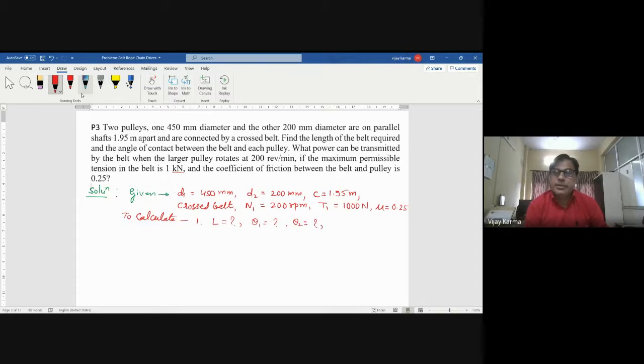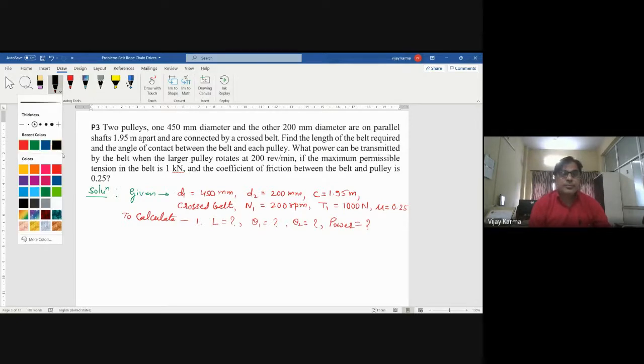Then what power can be transmitted by the belt? So, power transmitted. Relations.